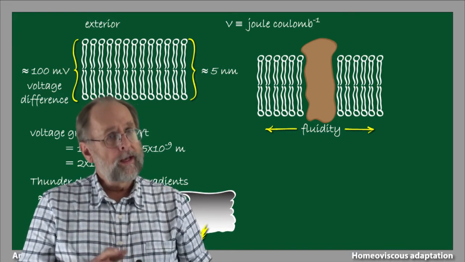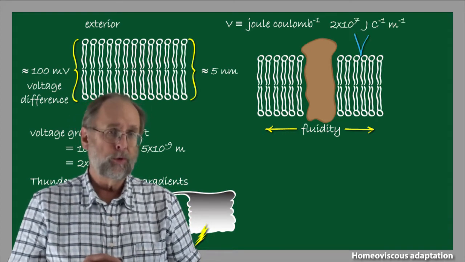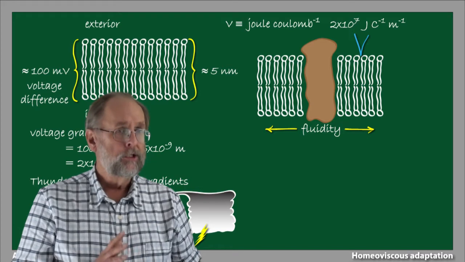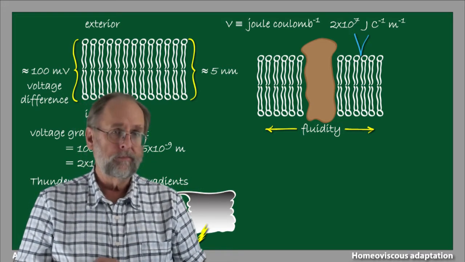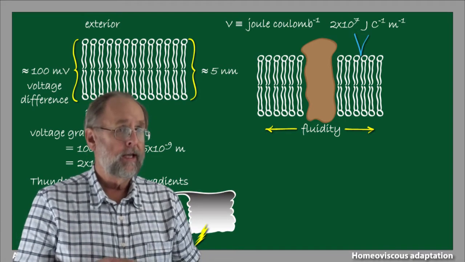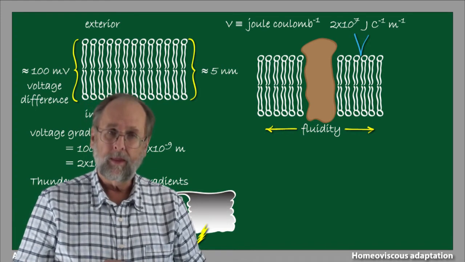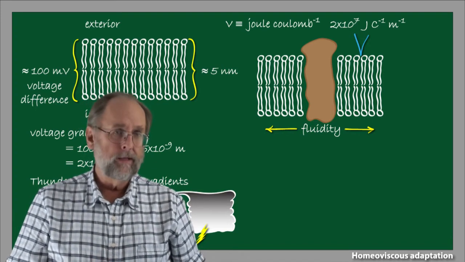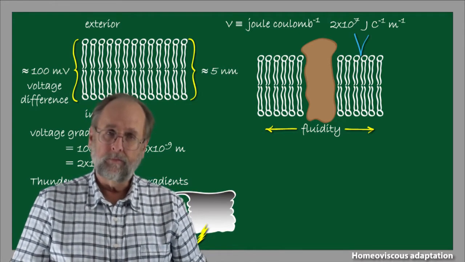What the voltage gradient across the membrane tells us is that there are 20 million joules per coulomb of charge per meter trying to drive ions and other charged materials across the membrane. The membrane stops this flow, and the charge can only flow by prying apart the lipid bilayer of the membrane. Thus, the voltage gradient represents a very strong threat to the integrity of a cell membrane.